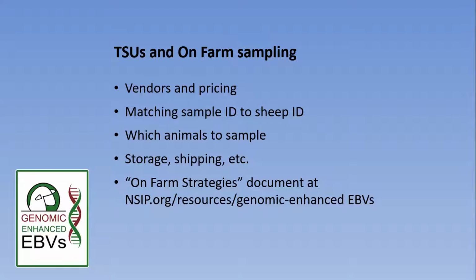I think those are a priority. But one of the things that came out in the webinars was not testing the ewes that are the oldest in the flock, because we already have a high accuracy on those. But isn't that going to be important?